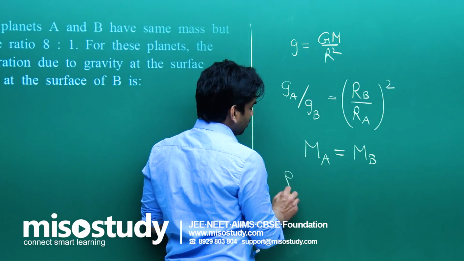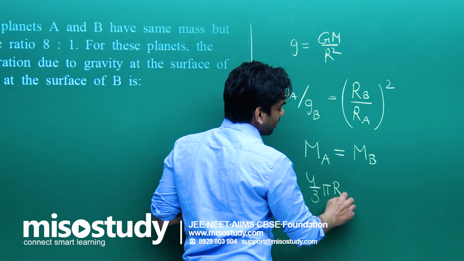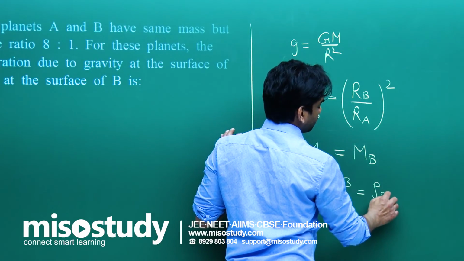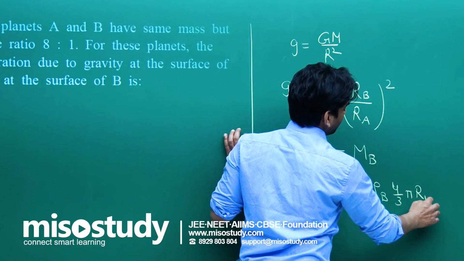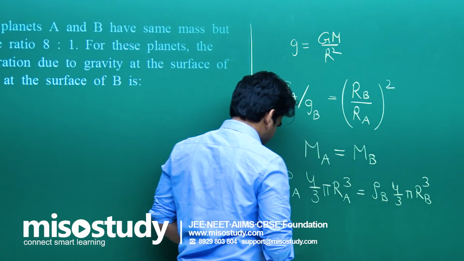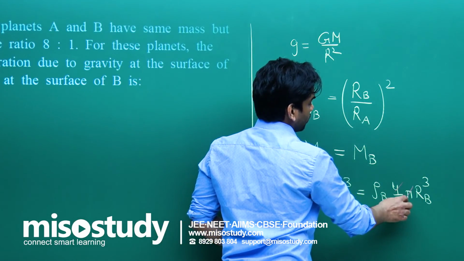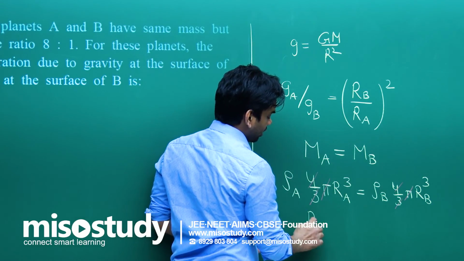So we can write rho A into its volume 4 by 3 pi Ra whole cube is equal to rho B, 4 by 3 pi Rb whole cube. This is what we can straightaway show. All these terms will be cancelled out. We want Rb by Ra.